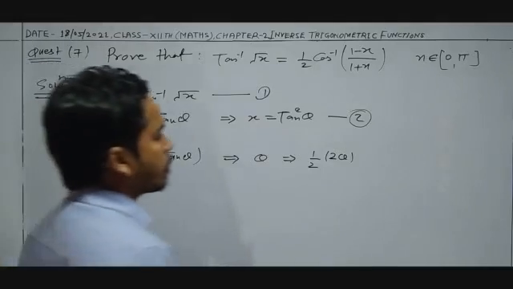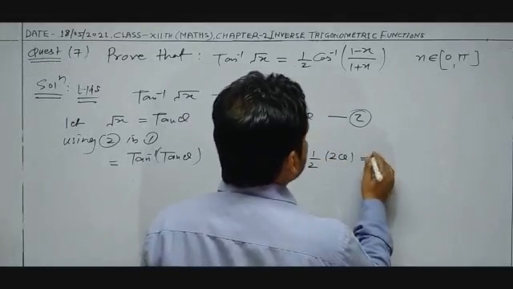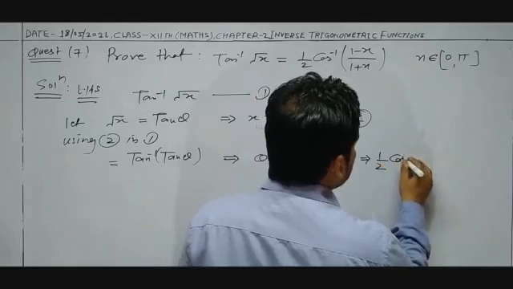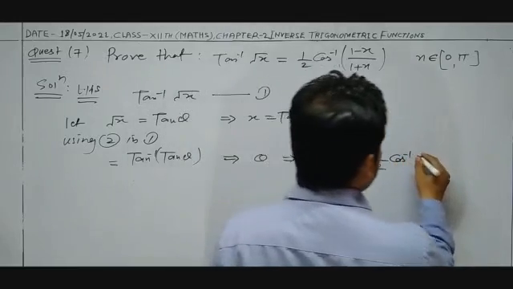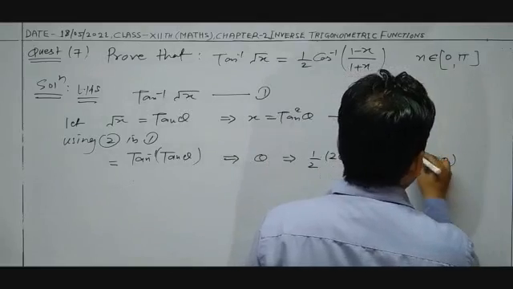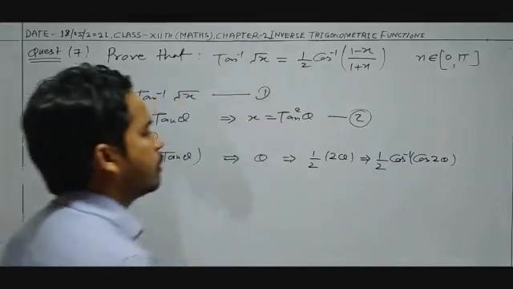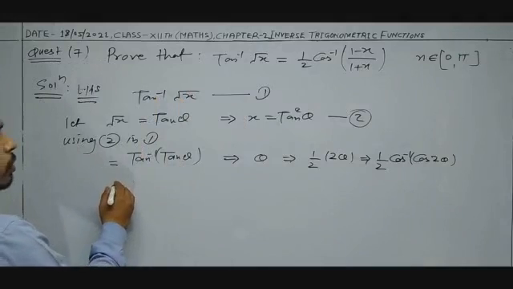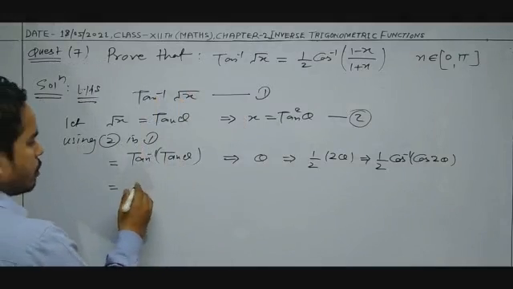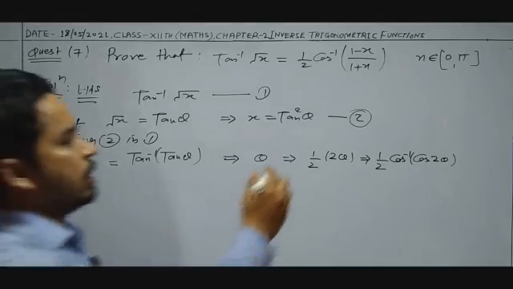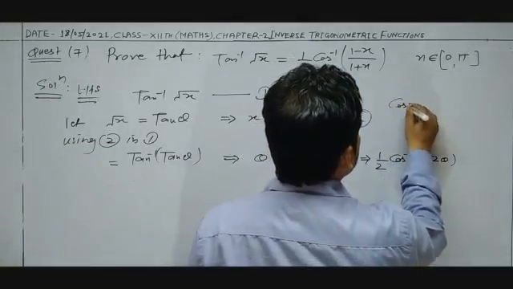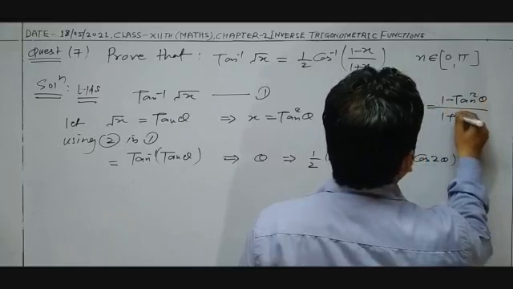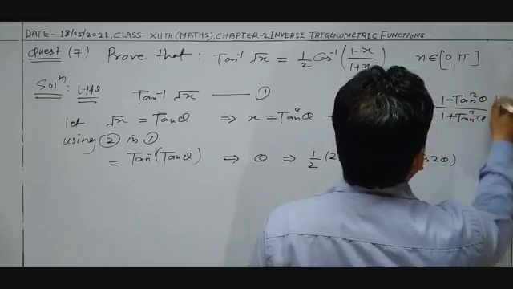So again, this step can be written as, because 1 by 2 cos inverse, cos inverse of cos 2 theta. This is the same result. And the cos 2 theta formula, you know, is cos 2 theta equal to (1 minus tan square theta) whole upon (1 plus tan square theta).